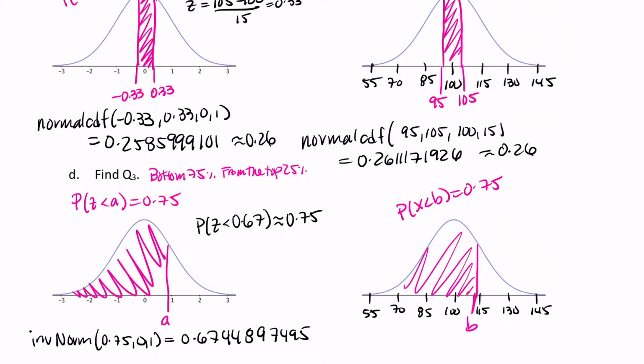So on your calculator, use inverse norm again. That's pretty close, about 110 would be the IQ score, separating the bottom 75% from the top 25%.